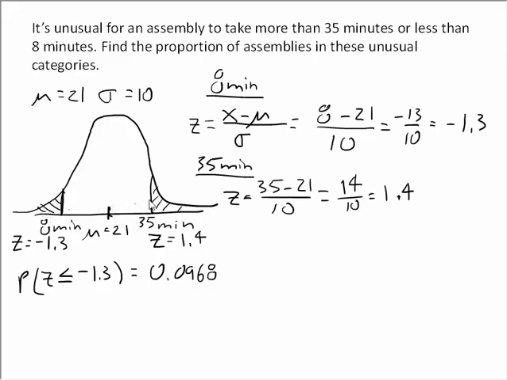It's covering a lot of space here. But what we're going to do is rely on the symmetry of this curve. What if we took this 1.4 and thought of it as negative 1.4? Because of symmetry, looking at z equals negative 1.4 is the same as looking at z equals 1.4.